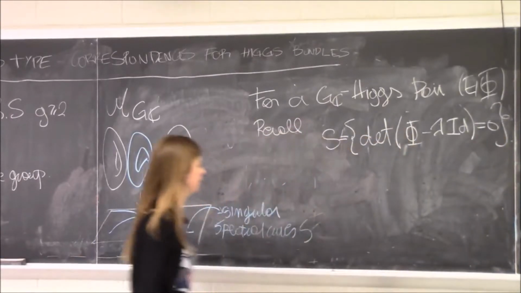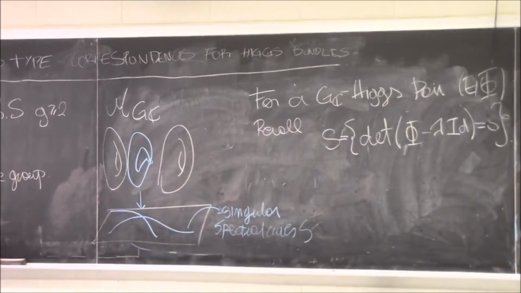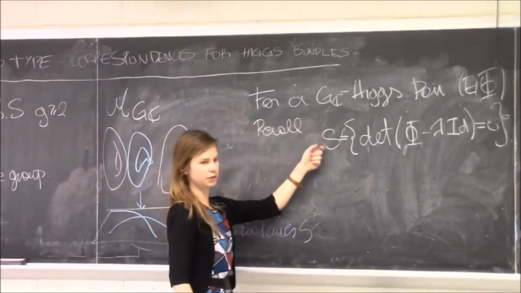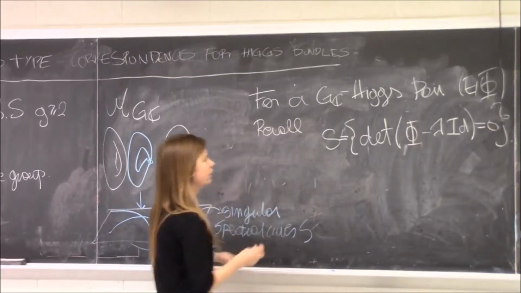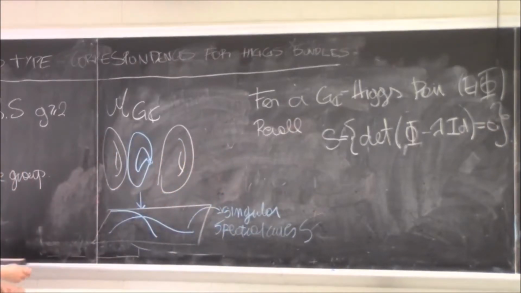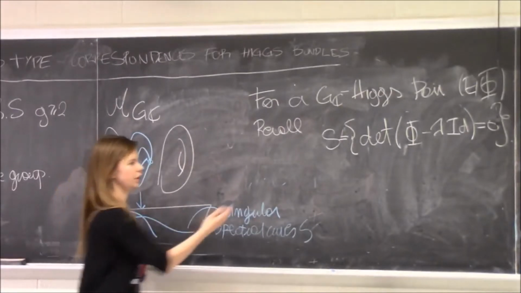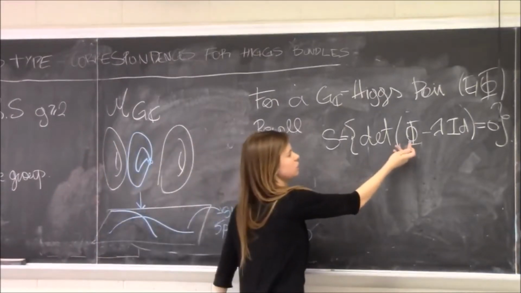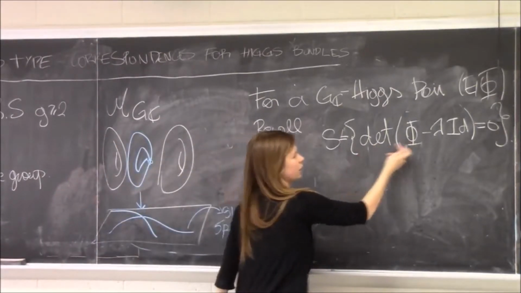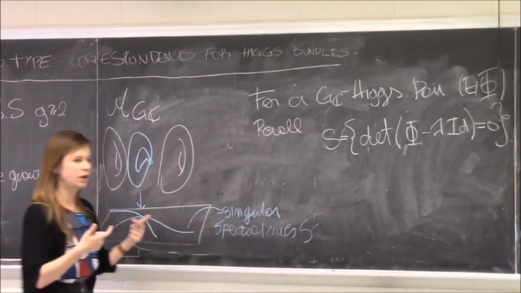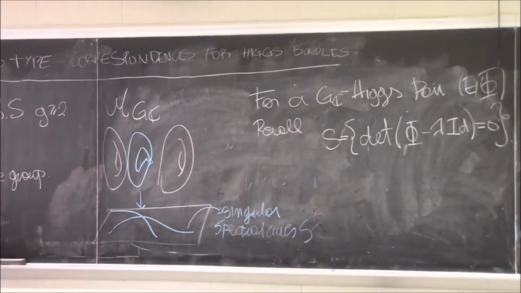So what we're saying is the blue parts are going to be any time that that algebraic equation defines a curve that's not smooth. And one of the cases that can happen is when your Higgs field has multiple eigenvalues. If your Higgs field, as a matrix, has multiple eigenvalues, then your characteristic polynomial will decompose, and your curve will be a decomposable curve. And so that for sure will lie in the blue.